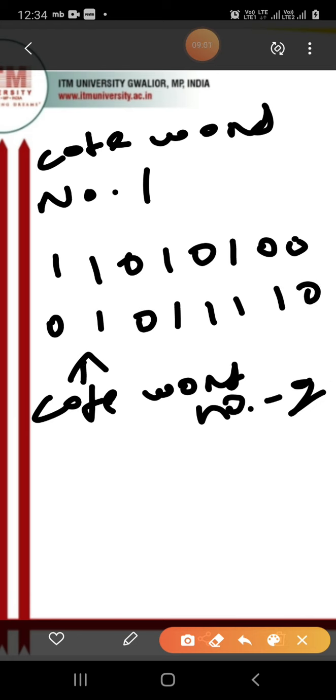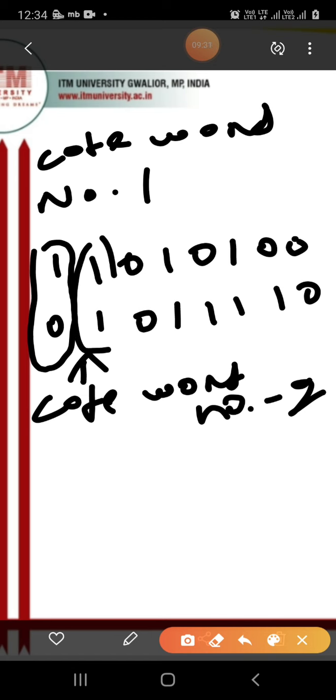So here the bits 2, 4 and 8 are different from each other. See here, when I am comparing code word number 1 and code word number 2, comparing these bits, these two differ, here same, differ, again differ, same and differ.